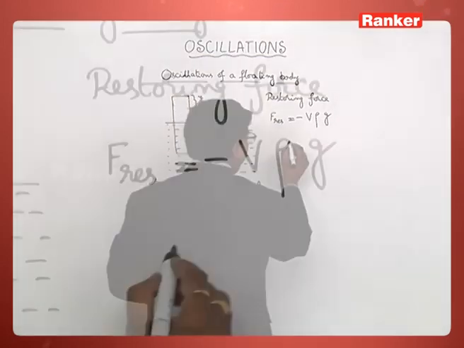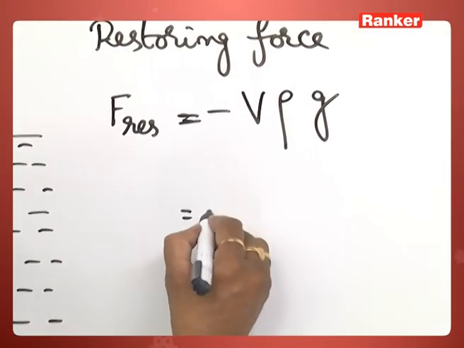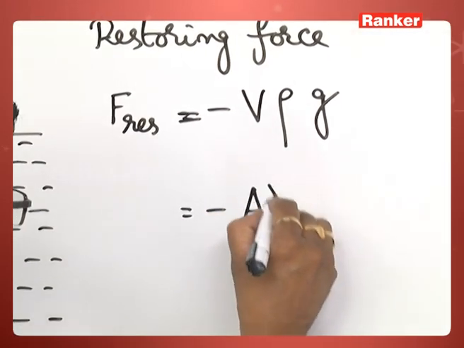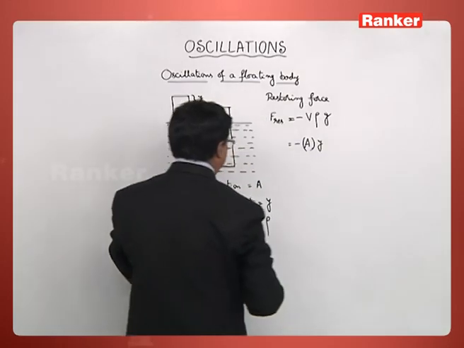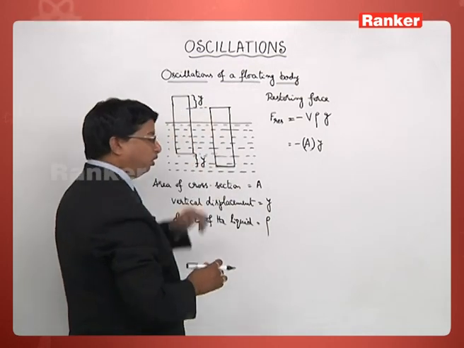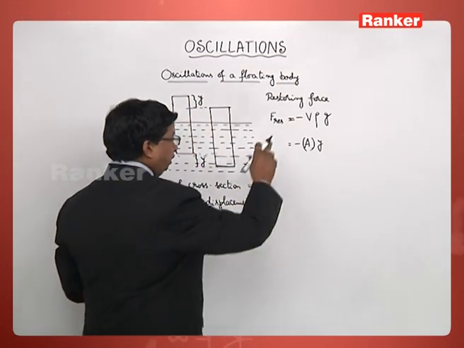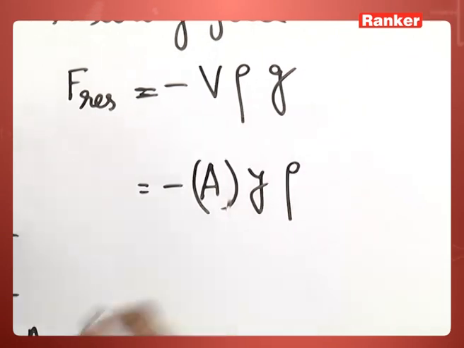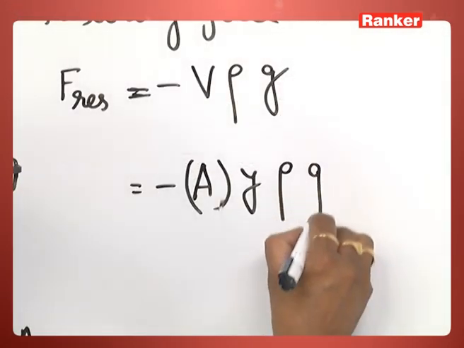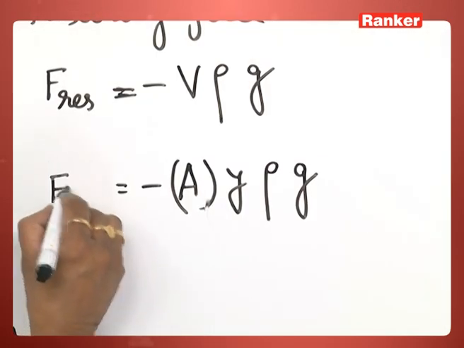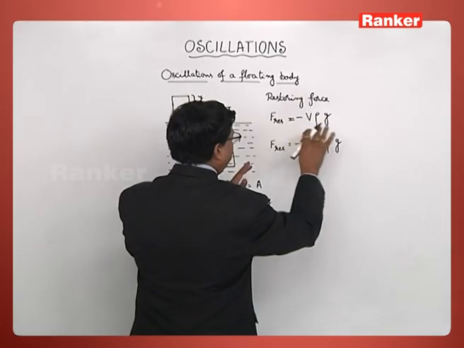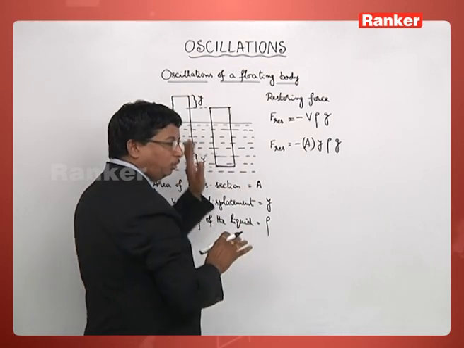Now, one can understand here this volume can be written as base area into height. Height is nothing other than the vertical displacement of that body, into the value of rho, into the value of g. So, you can understand now this is the restoring force that is acting on that body right now.